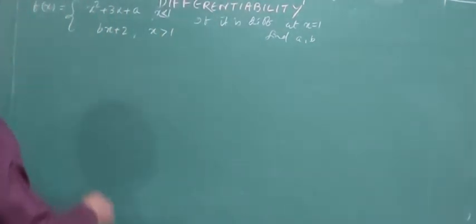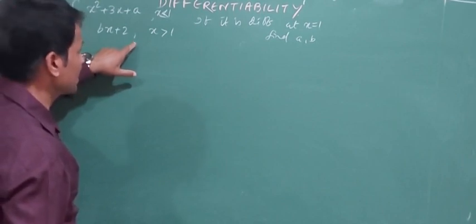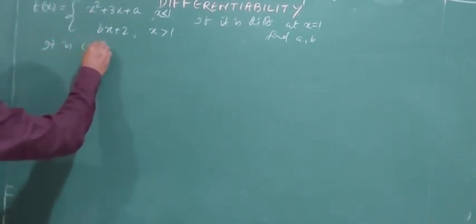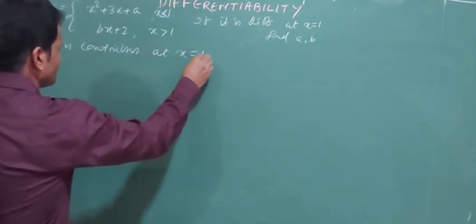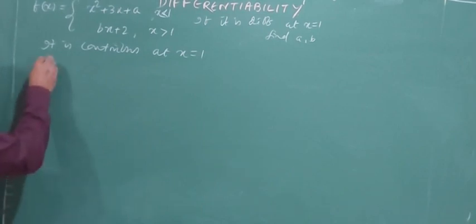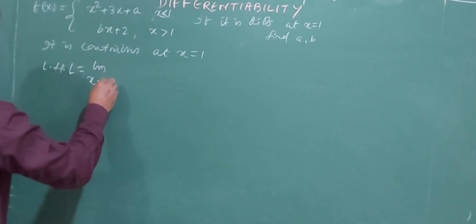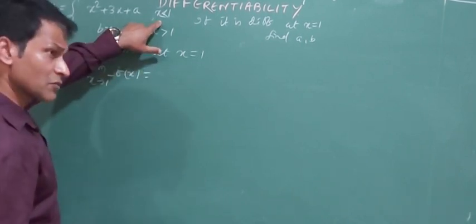So I write down: as the function is differentiable, hence it is continuous at x equals to 1. So LHS, limit x tends to 1 minus f(x). Either I can go for LHS or I can go for the equal sign as well.